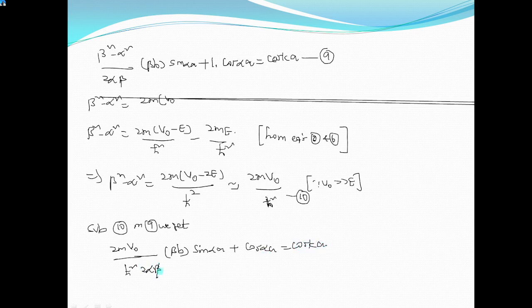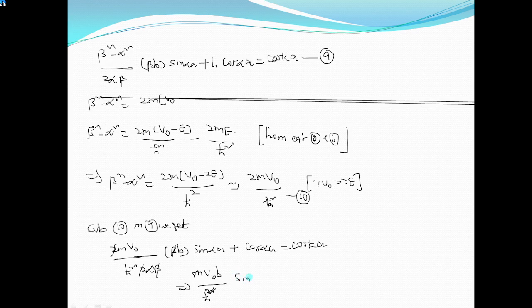Okay. So what happens? This beta gets cancelled. This 2 gets cancelled. So we are left with m V naught b divided by h cross square.